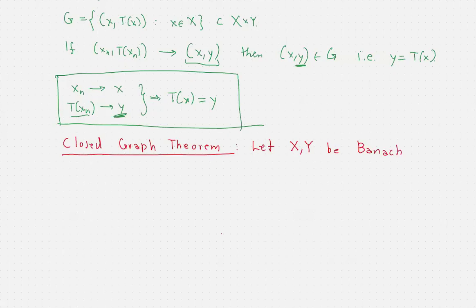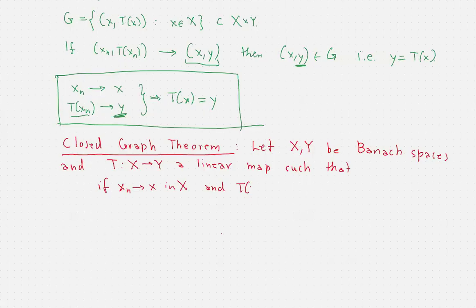And T from X to Y a linear map such that if x_n converges to x in X and T of x_n converges to y in Y, then T of x is equal to y.